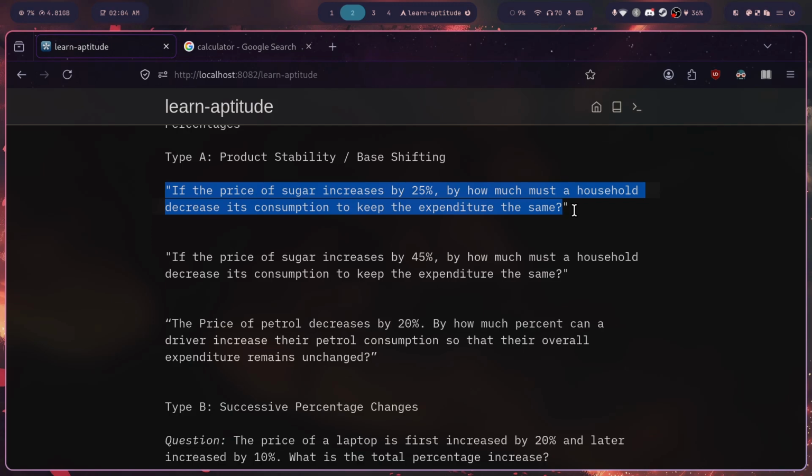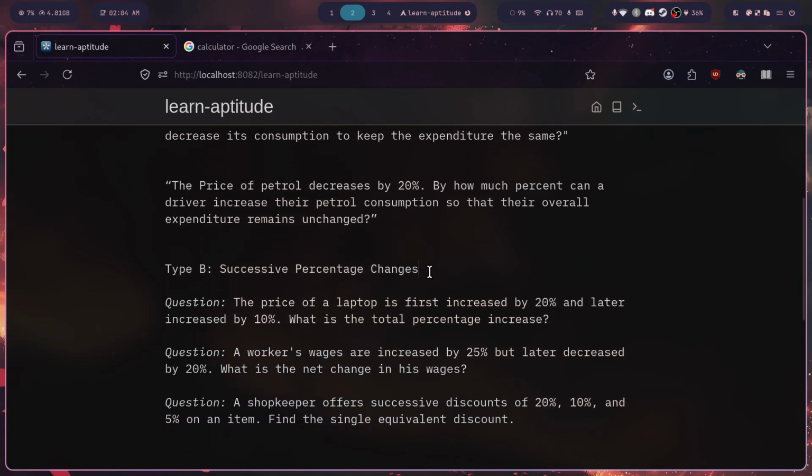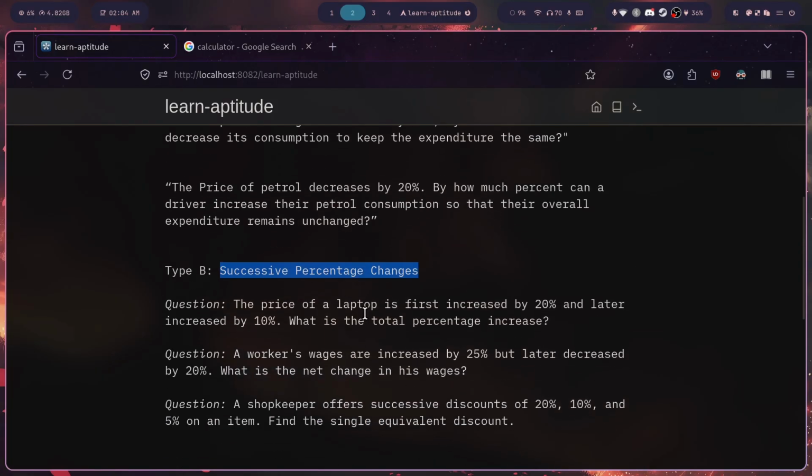Now, working along the same lines, we will work on successive percentage changes. This is the second type of question that comes for percentage in aptitude, and we will first try to understand the logic behind it, then we will try to code it. These questions are very easy.